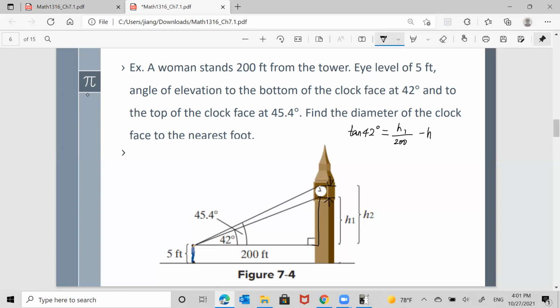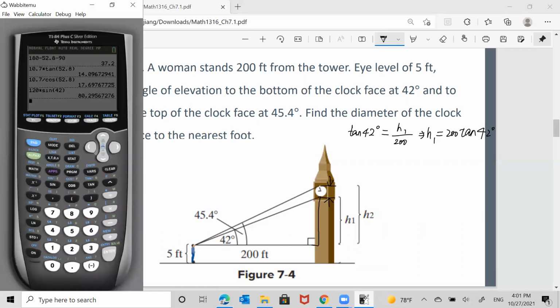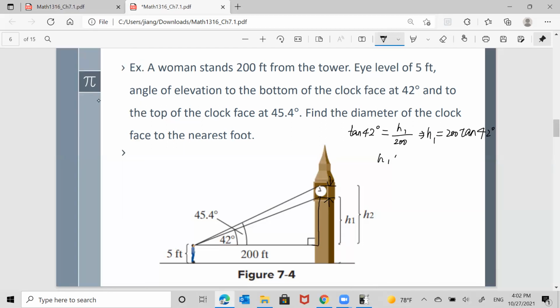That means H1 equals 200 times tangent 42 degrees. So use the calculator, 200 times tangent 42 degrees, close the parentheses. That's 180, because nearest foot means we just keep the integers. So H1 is about 180 feet.